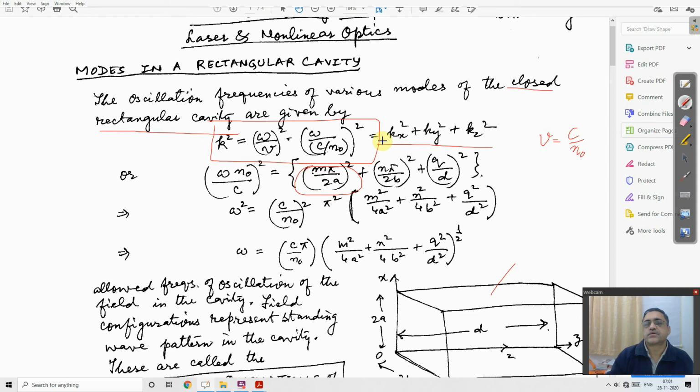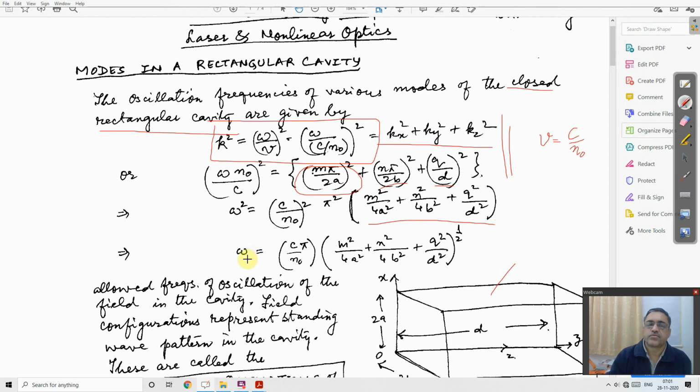Here kx is m pi by 2a, ky is n pi by 2b, and kz is q pi by d. This we have already seen. So omega square is equal to (c by n naught) squared pi square, and the rest all within the bracket.